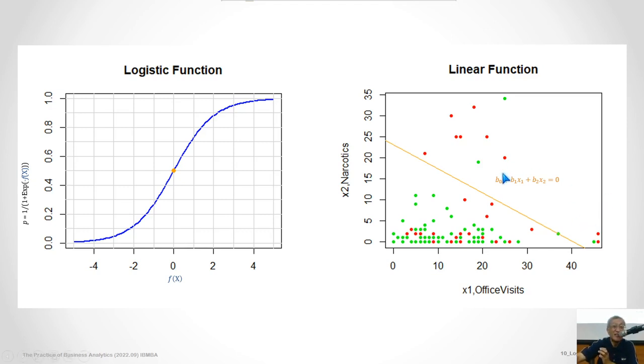For every point above the line, it's more likely that y equal to 1, right? For all of the points below this line, it's more likely that y is equal to 0, isn't it? Right? That's how it works. So the GLM function is just like the LM function. It will try to find a line, right?